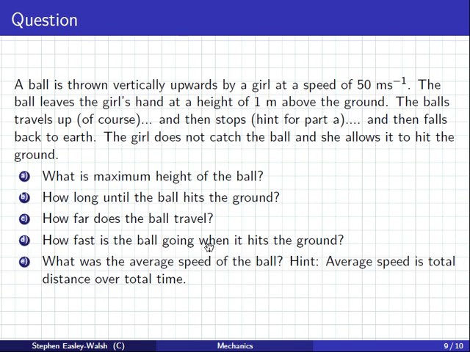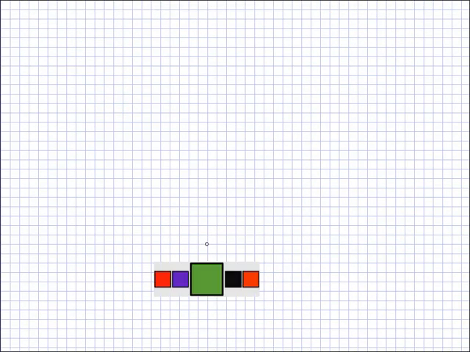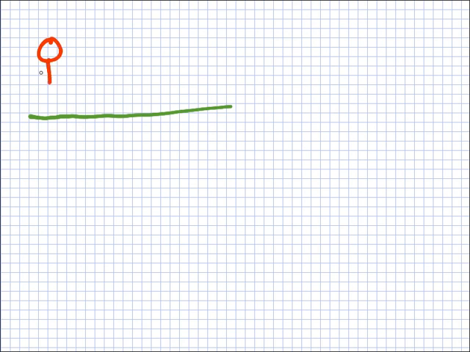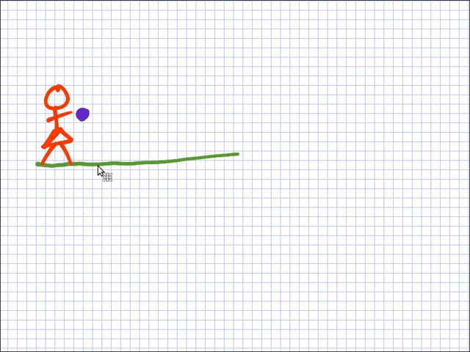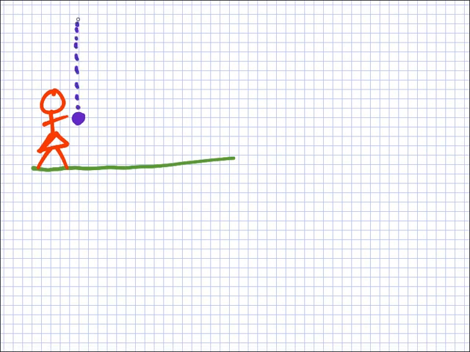Right, a ball is thrown vertically upwards at a speed of 50. It leaves at a height of 1, travels up, stops, falls back to earth. So I'll just draw a picture here of what's happening. It starts here, goes up, stops, and then comes back down and hits the ground here.